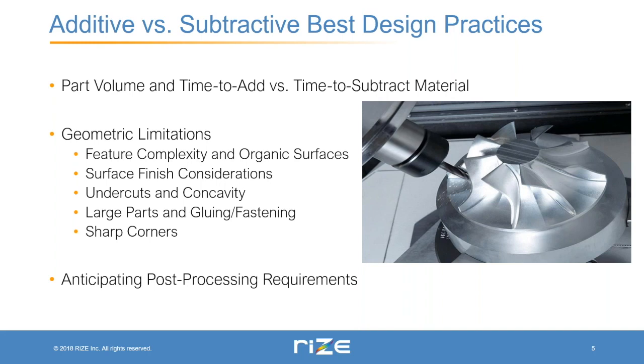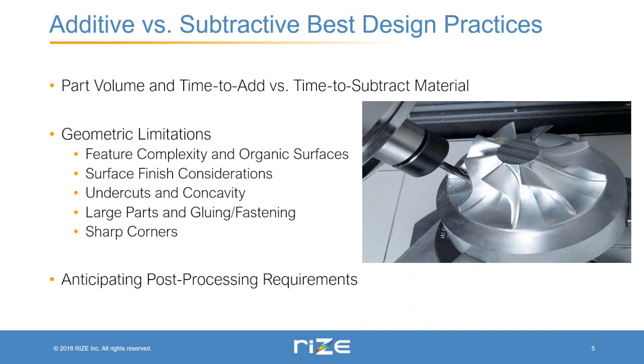A final point I have here is anticipating post-processing requirements, and this is related to the fact that after producing a part with additive manufacturing, there will often be a support removal step required, and in some cases, some other post-processing steps, whereas with subtractive, you can often take the part right out and use it immediately, although in some cases there will be polishing and other post-processing steps desired.